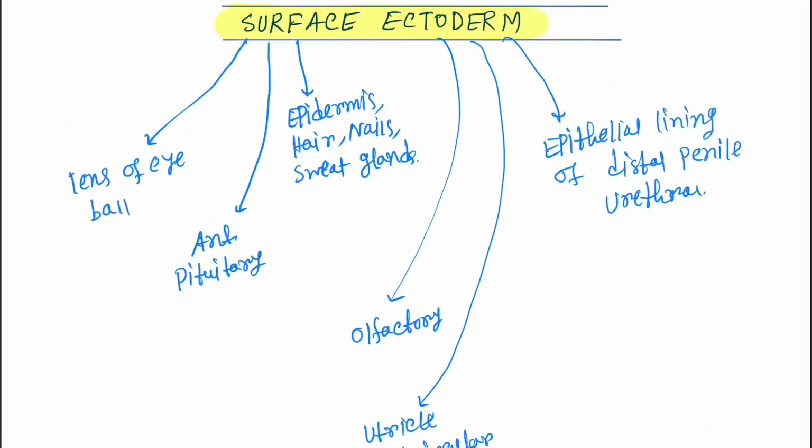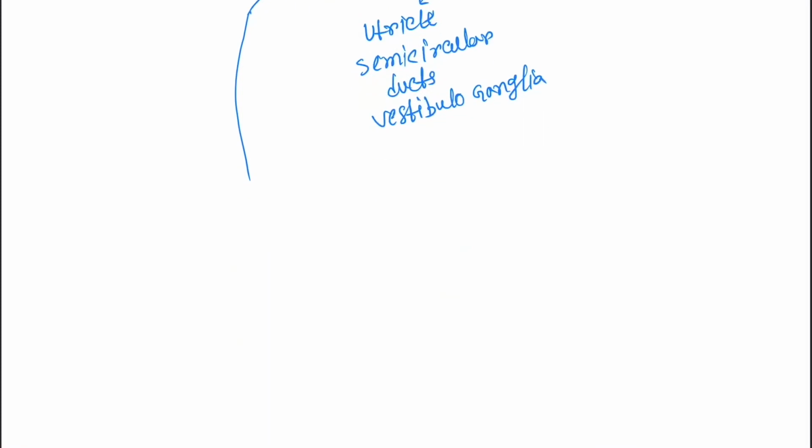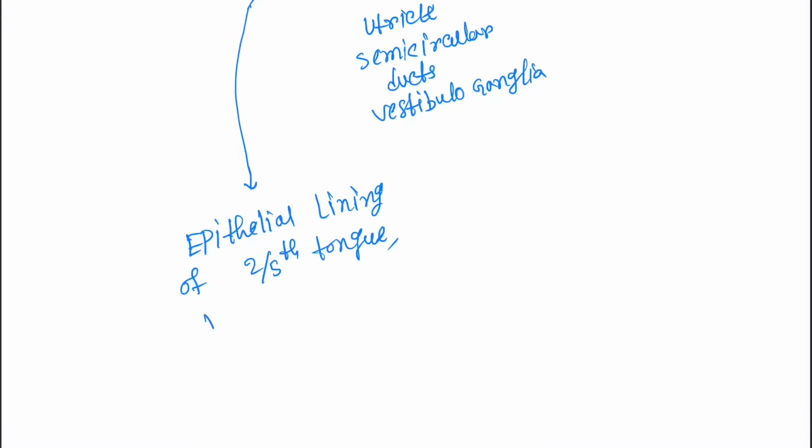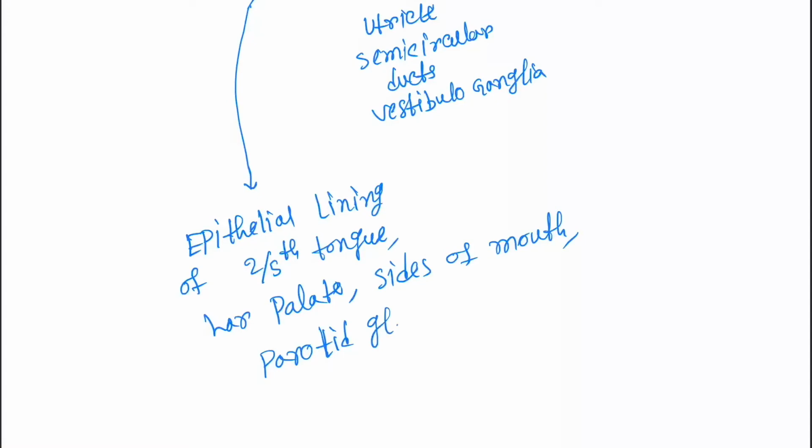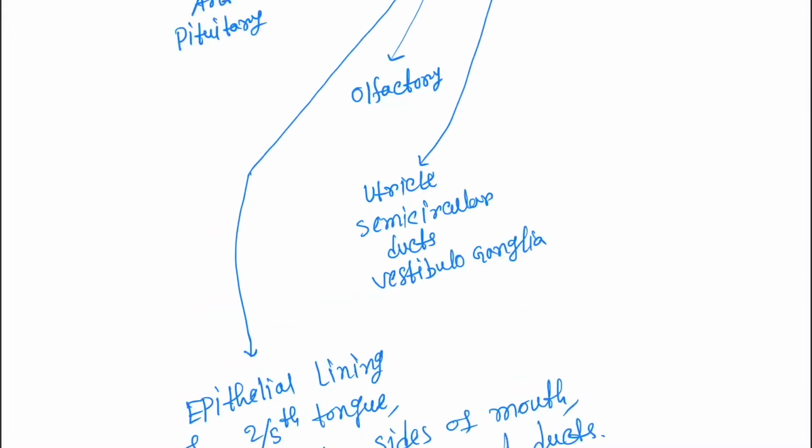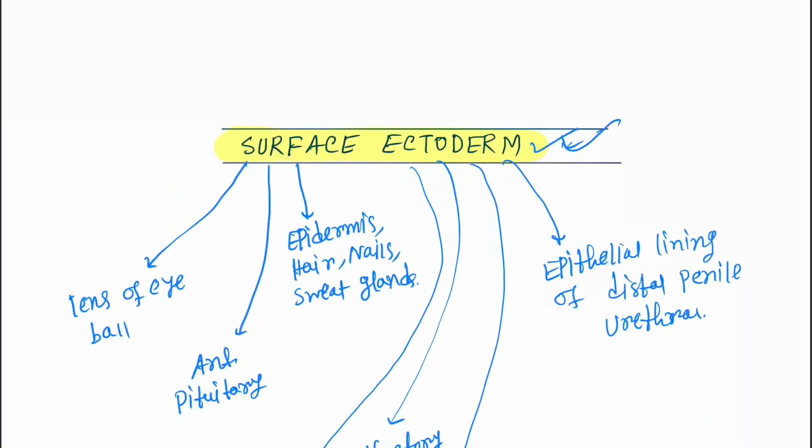Okay, another one is epithelial lining of 2/5 tongue and hard palate, sides of mouth, next parotid glands, and ducts. So surface ectoderm is done.